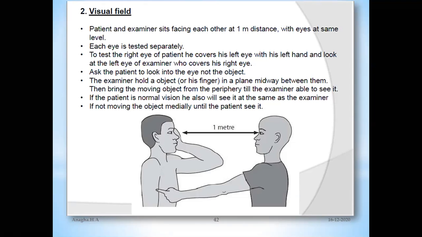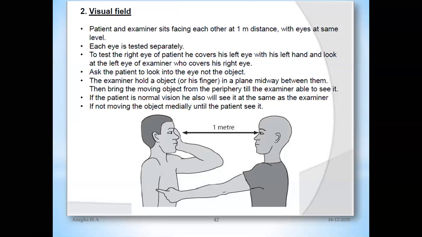The examiner holds an object or his finger in a plane midway between them, as you can see in the picture right below. The examiner takes his finger firstly away from the patient and gradually brings it to the middle part. Then bring the moving object from the periphery until the examiner is able to see it. If the patient has normal vision, he will also see it at the same time, at the same distance as the examiner sees it.